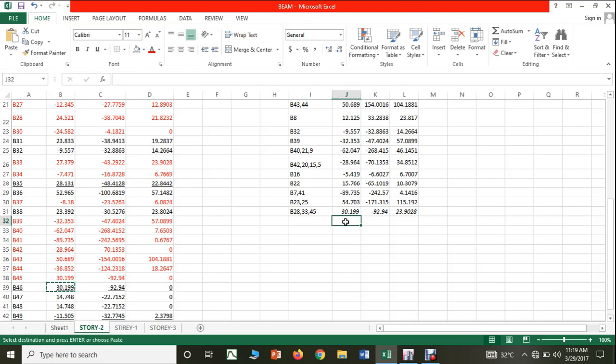I can provide here, and out of these two, 92 will be highest. I can provide here, and out of the positive one, definitely 22 will be highest. I will provide here. So therefore I can go to beam 35, 46, 49. Yes, so these are the three beams.